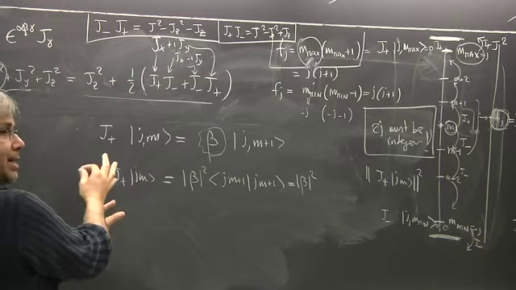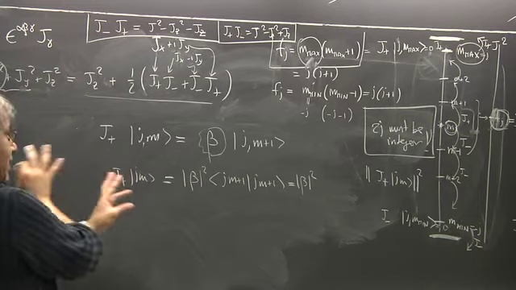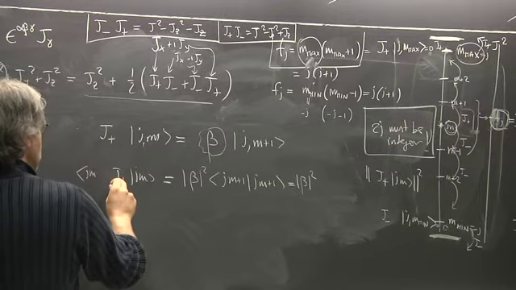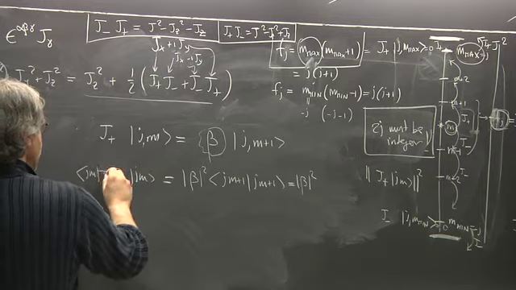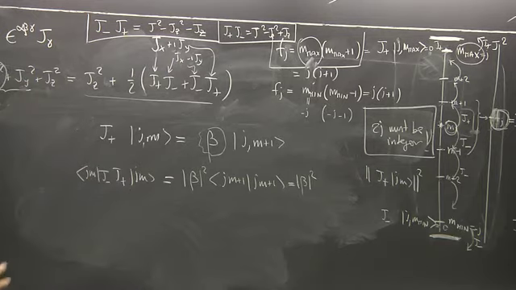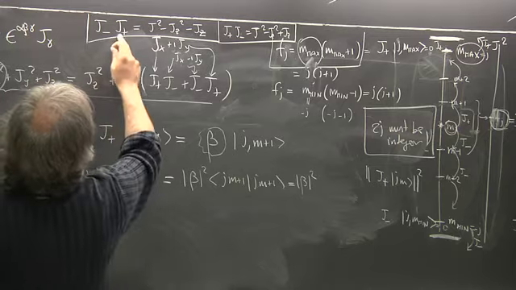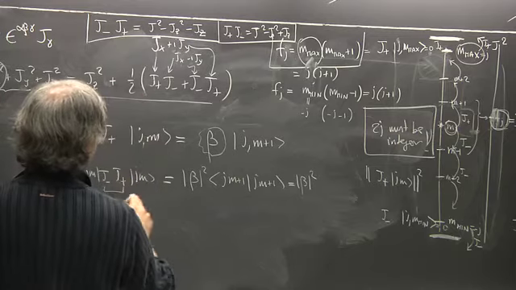But you know that when I take the bra, I must remember that the J plus becomes a J minus. I have to take the Hermitian conjugate, in some sense, of the object, okay? So this object I can calculate.